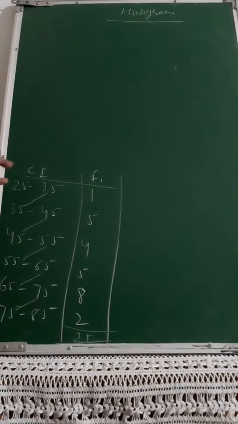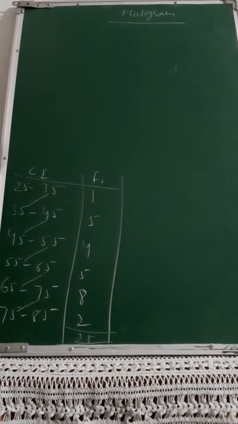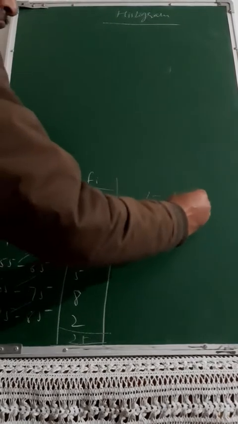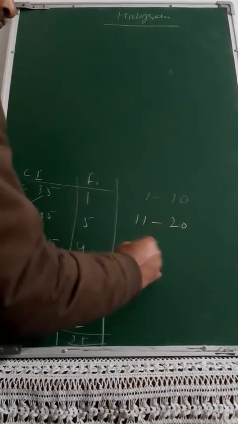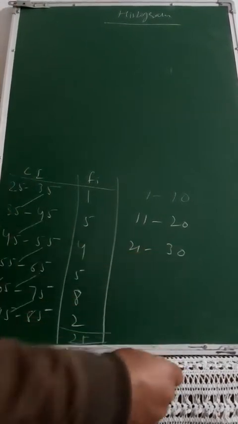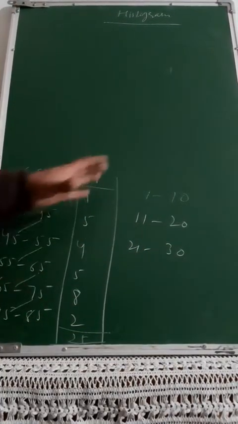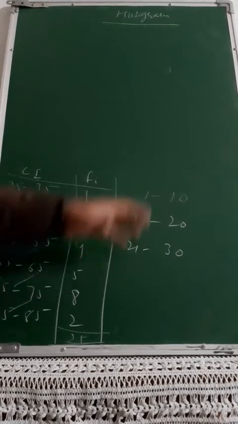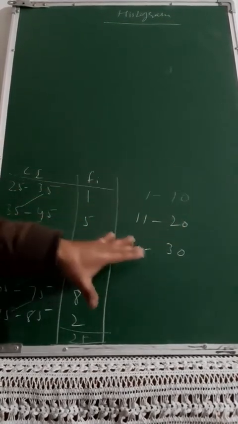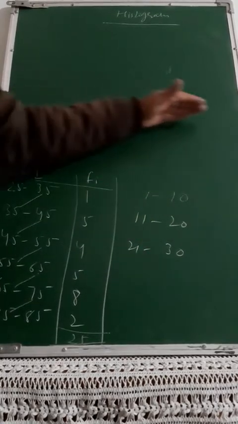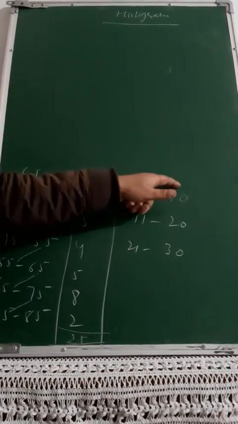If data is not continuous, then you have to make it continuous. How? I already have explained it to you. If it is 1 to 10 and 11 to 20 or 21 to 30, I'm just sharing with you the possibility. Data can be there in this form also, but then we are not allowed to start drawing the histogram straight away for such data.